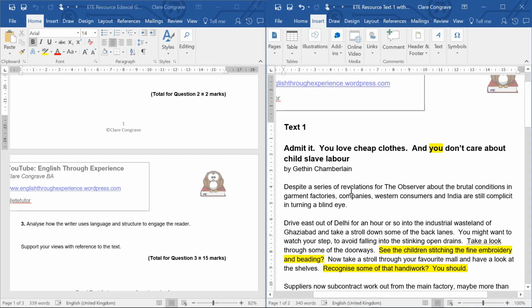So, what we need to be doing for this response is locating language and structural devices using the appropriate subject terminology, giving the evidence of those devices, and then analysing how, so the way in which, these devices engage the reader in this question.